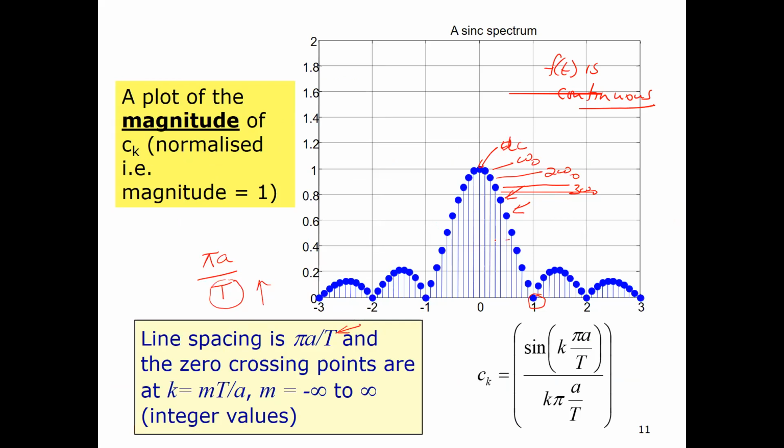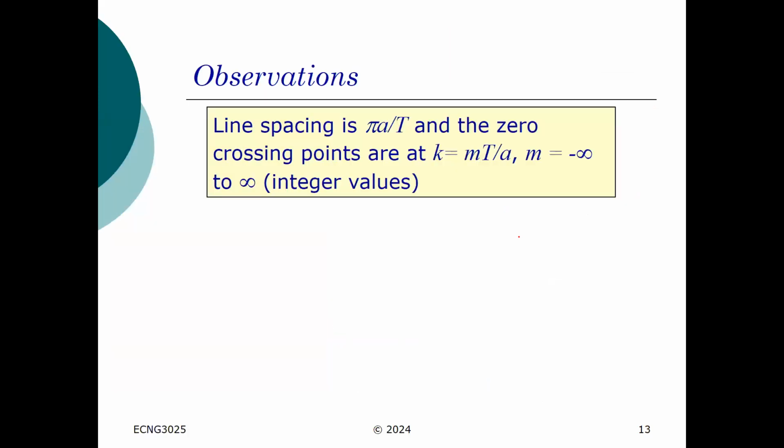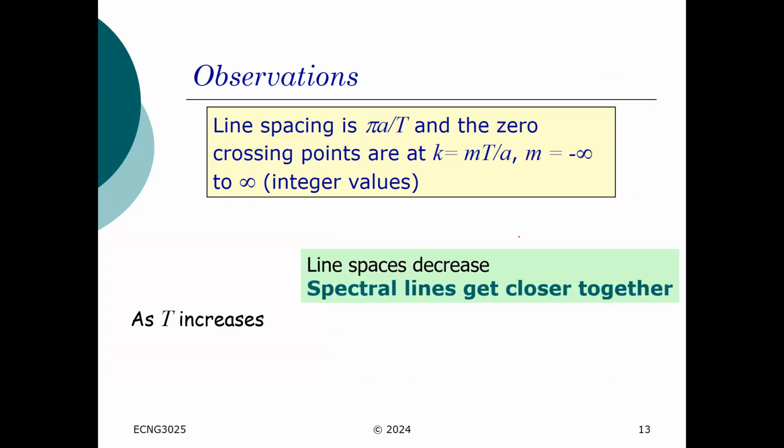Remember, the line spacing is between two consecutive points. So if the period goes up, the line spacings get closer and closer together. As T increases, the line spacings decrease, so the spectral lines get closer and closer together.